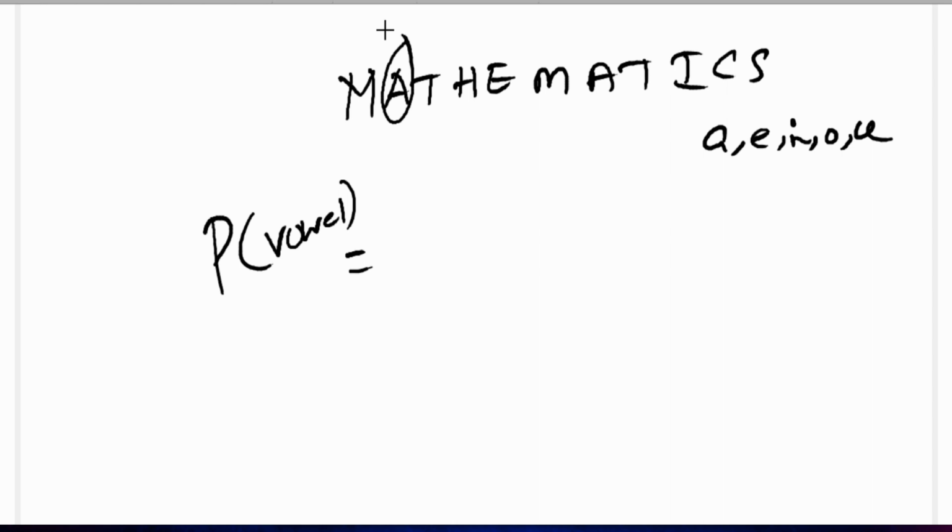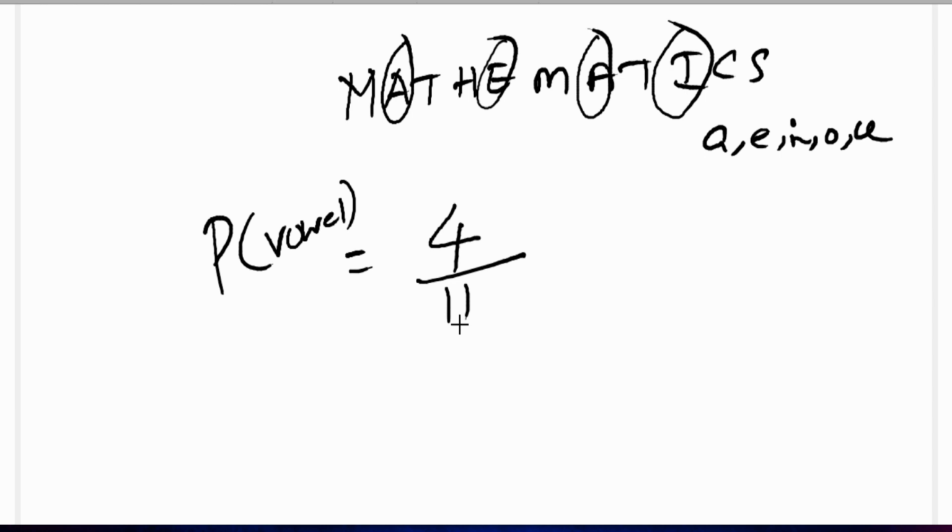Here A1, E2, A3, I4. The favorable outcomes are 4. And how many letters in total? 1, 2, 3, 4, 5, 6, 7, 8, 9, 10, 11. So the probability of getting a vowel when you select one letter from the word mathematics is 4 by 11.